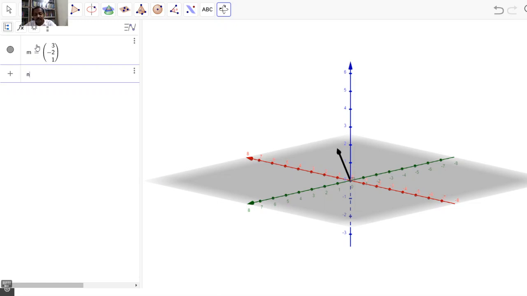So n is equal to 2 comma minus 1 comma 3.